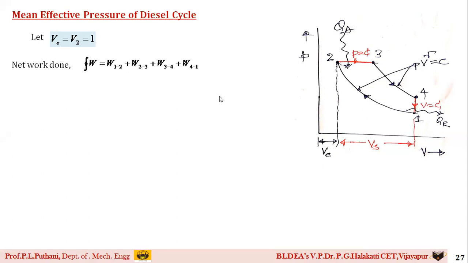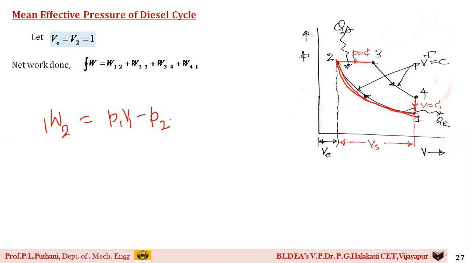In this, if you observe carefully, students, the 1 to 2 process is an isentropic compression process, which means the work done has to be negative. Generally, I can write W1 to 2 is equal to P1 V1 minus P2 V2 by gamma minus 1. This is the form for expansion.